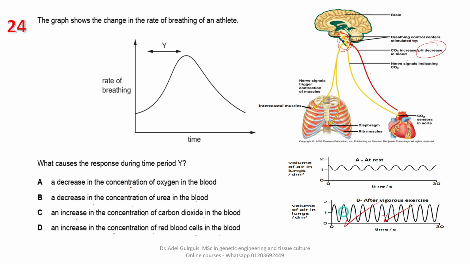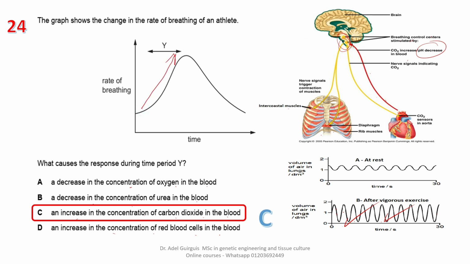The frequency of breathing becomes more per time, and the depth of breathing is more. This is due to increasing CO2 in blood. Look, the answer is C. Increase in the concentration of carbon dioxide in the blood through time.